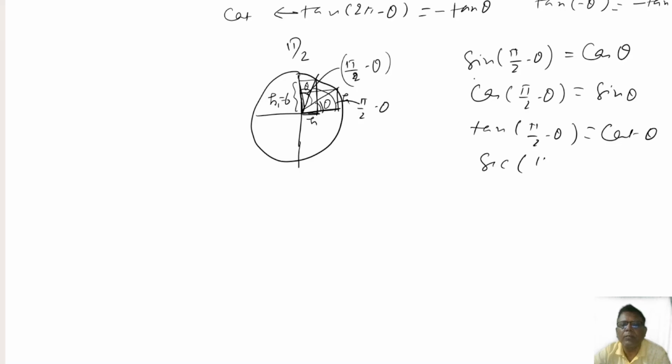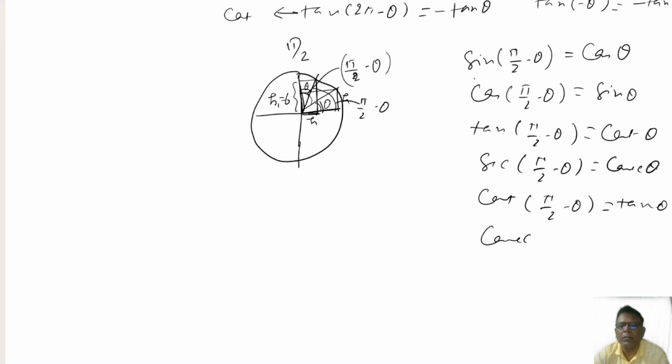Sec pi by 2 minus theta is equal to cosec theta. Cot pi by 2 minus theta is equal to tan theta, and cosec pi by 2 minus theta will be sec theta.